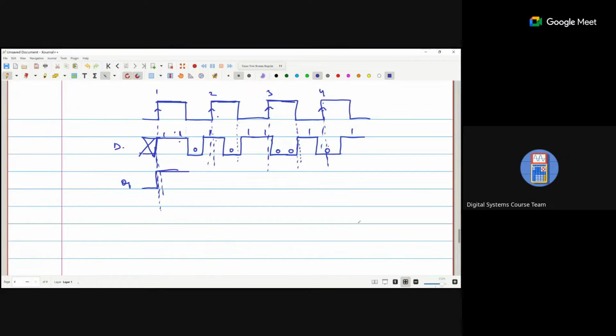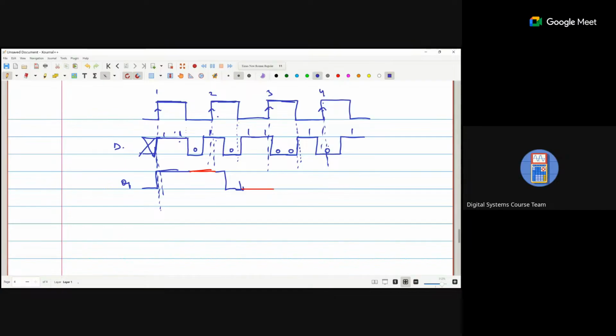Again, for the positive level, the data is the same; for the negative level, no change. If it is 0, it will continue. Again, for the positive level, the data is the same.